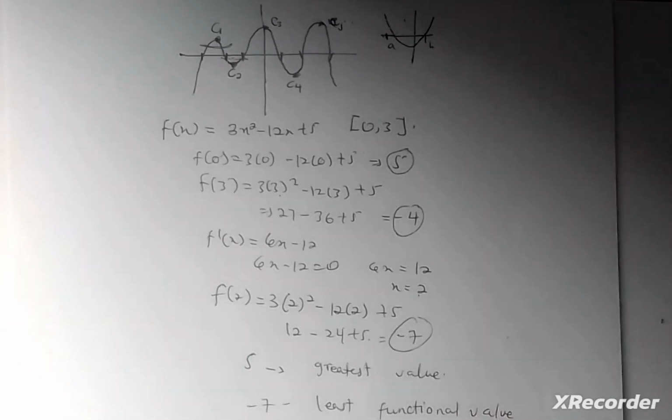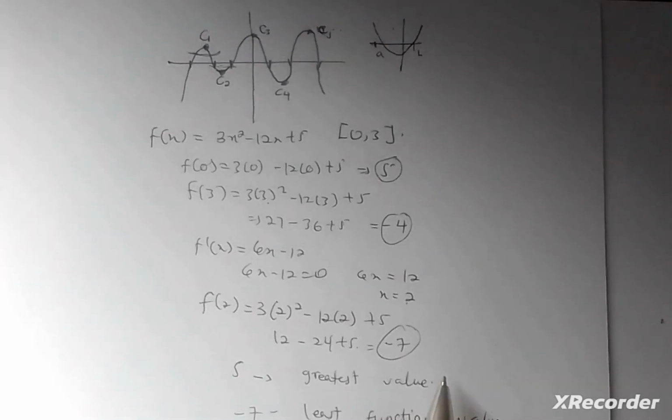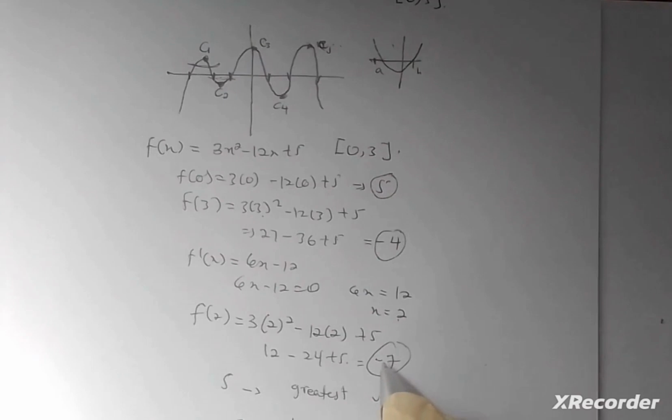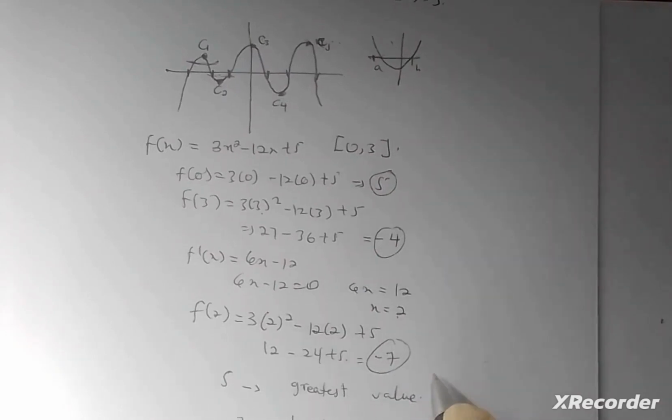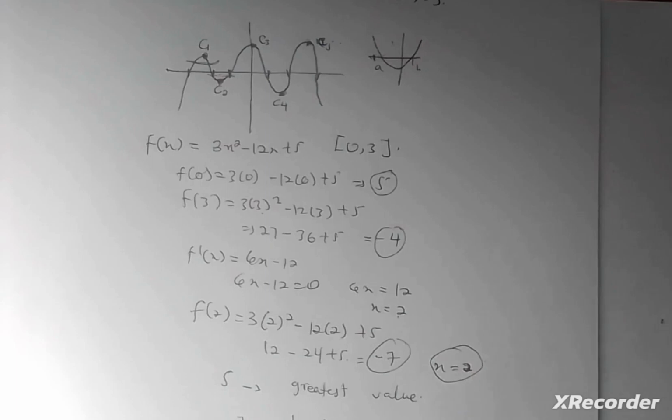So therefore, I will say that my function has the global minimum at x is equal to 2, or at the critical point, the function has the global minimum of negative 7. The functional value is negative 7, and the function will have it at x equals 2.